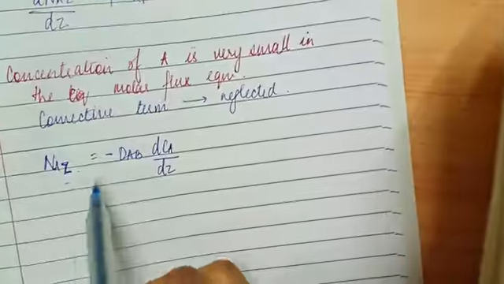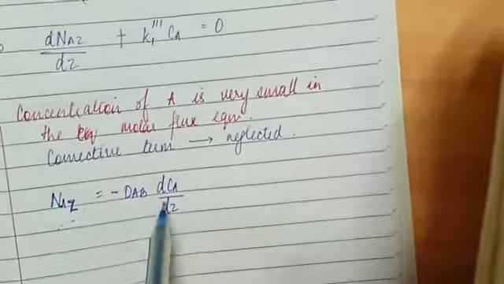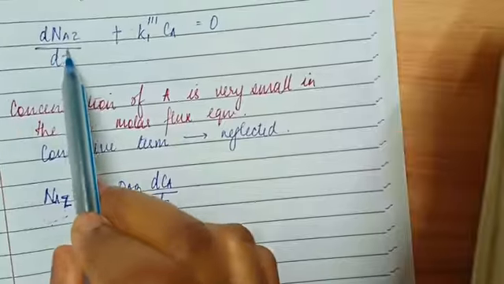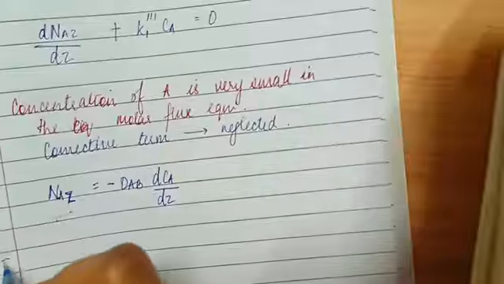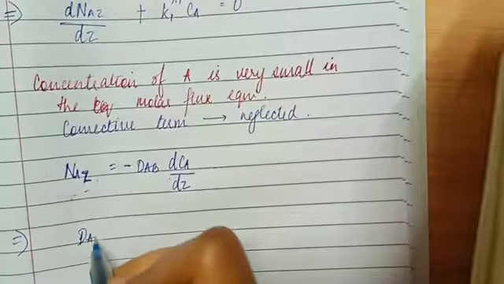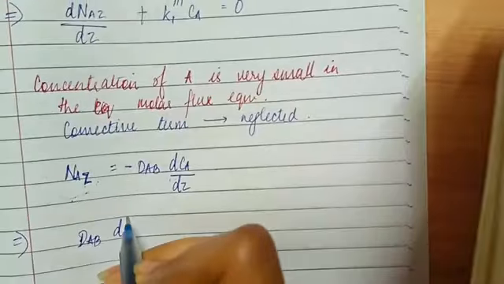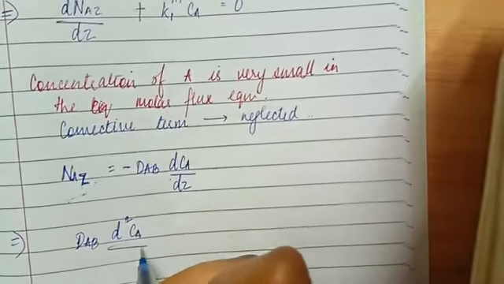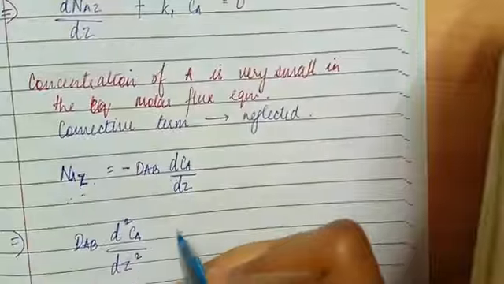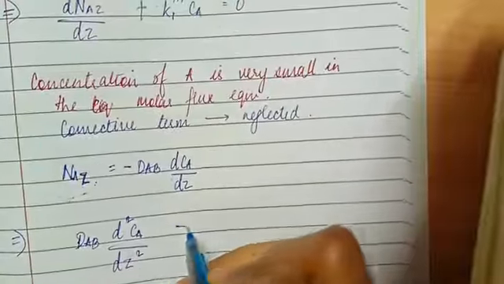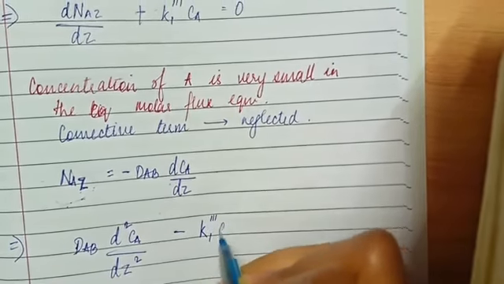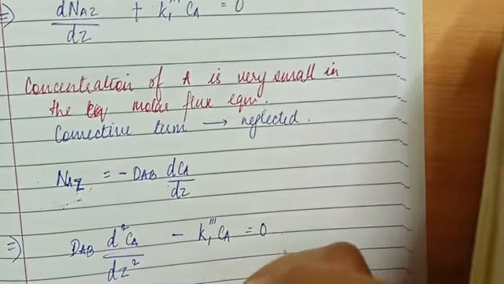So what we can do is substitute this equation of NAZ into the above shell mass balance equation. By putting it over there, we get DAB d square CA by dZ square minus K1 triple prime CA is equal to 0.